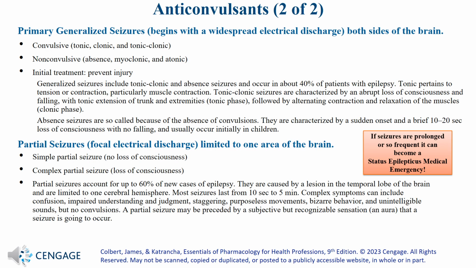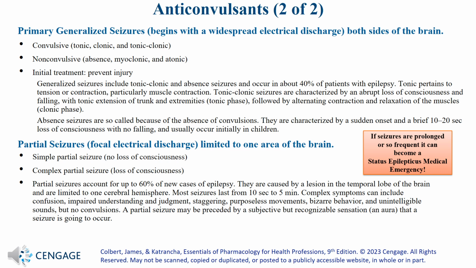Okay, we are going to talk about primary generalized seizures, which usually begin with a widespread electrical discharge and happen on both sides of the brain. You have convulsion, which can be tonic-clonic, or you can have non-convulsion, which can be absent, myoclonic, and atonic.